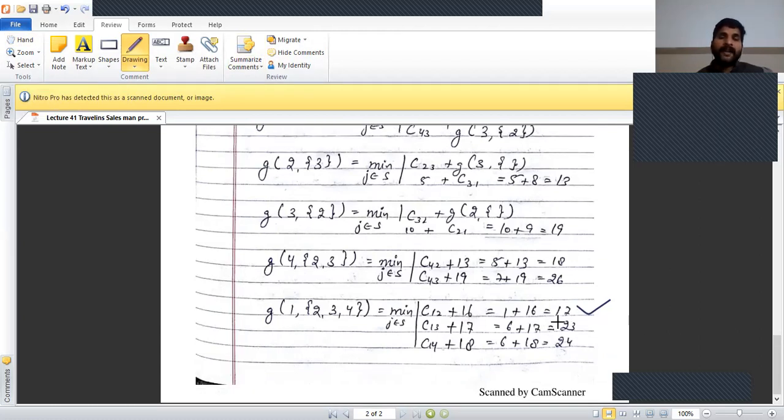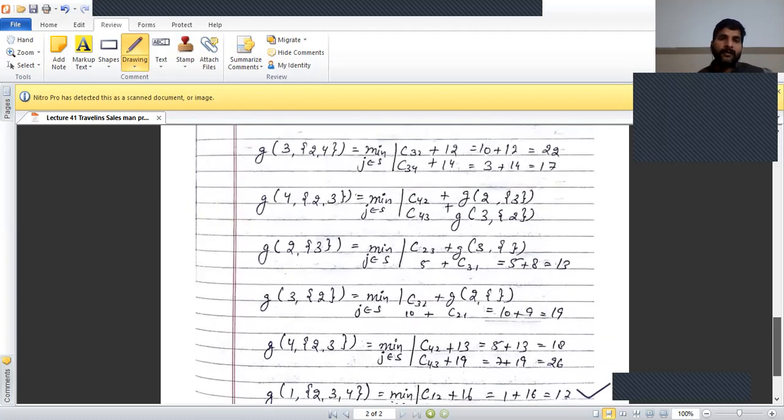So, for finding this value, first the first node travels to the second node, 1 to 2. Then the next options started from 2 are 3 to 4.